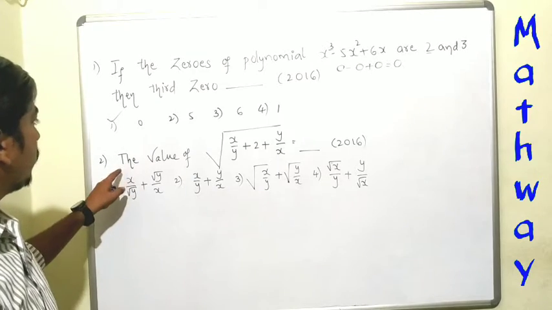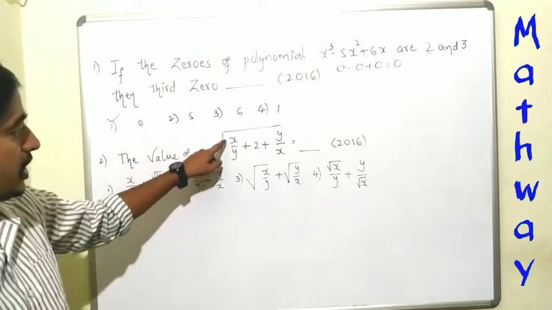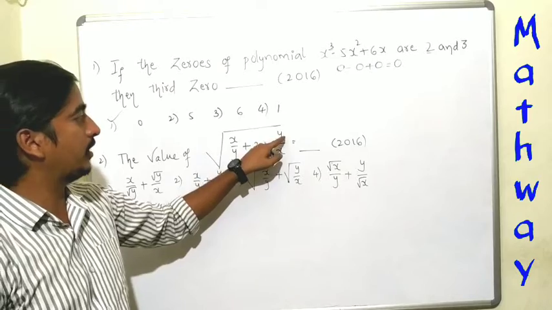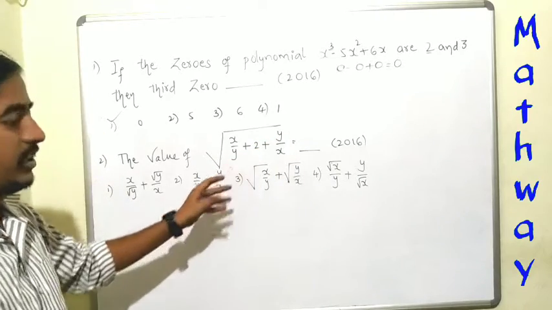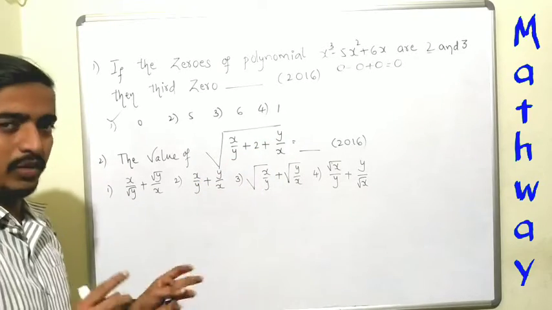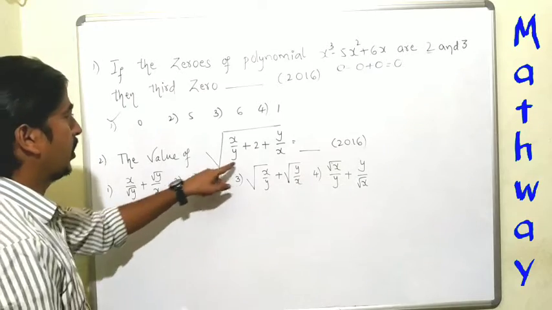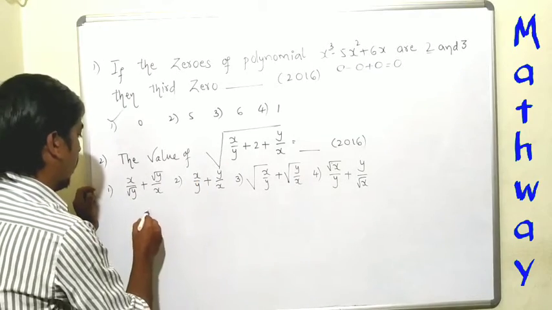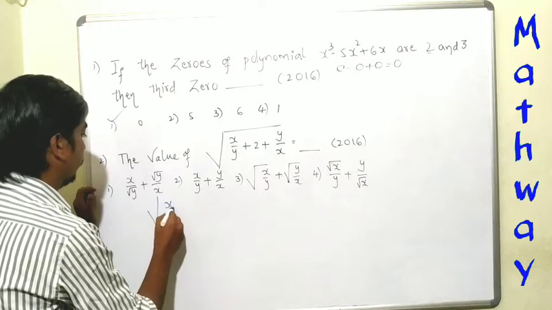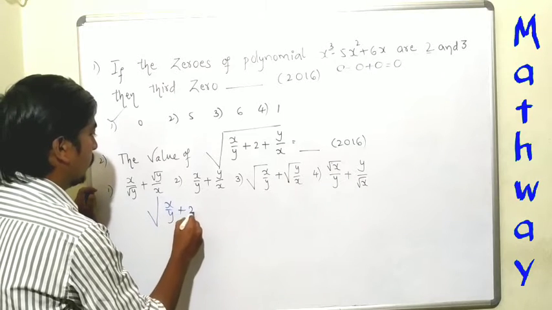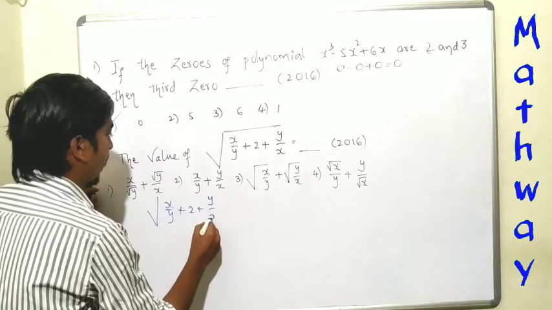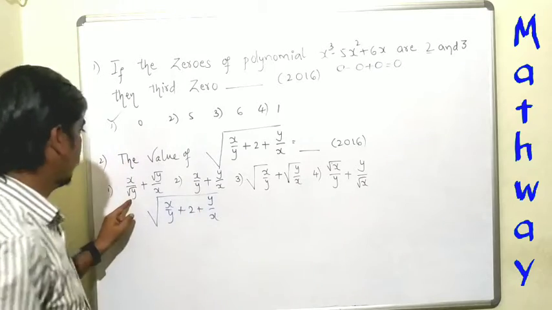Second one. The value of under root x by y plus 2 plus y by x. So it is some big problem, but no need to worry, we can solve it very easily. So let us take the question he has given: under root x by y plus 2 plus y by x. The options are given.